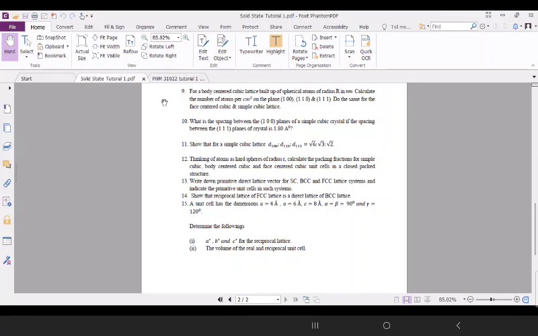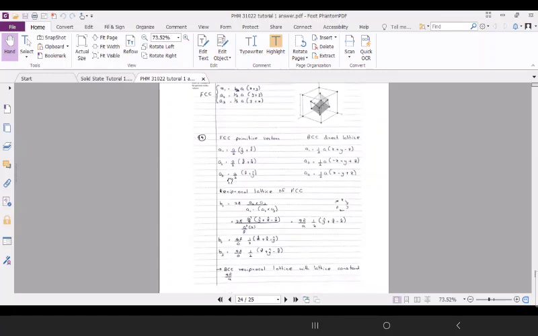So we have to think about the direct lattice and reciprocal lattice vector. We all know from our theory the BCC direct lattice vectors A1, A2, A3. At the same time, you know the FCC primitive vectors, right?